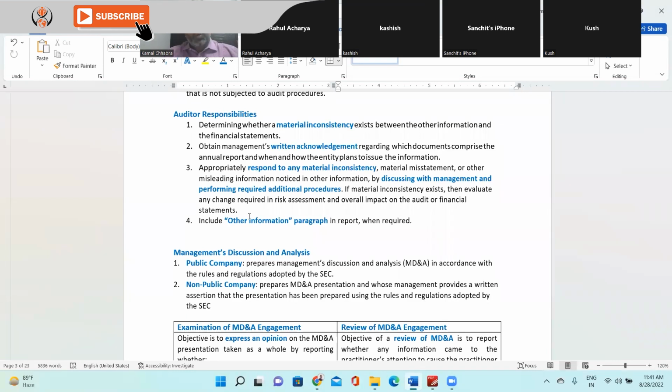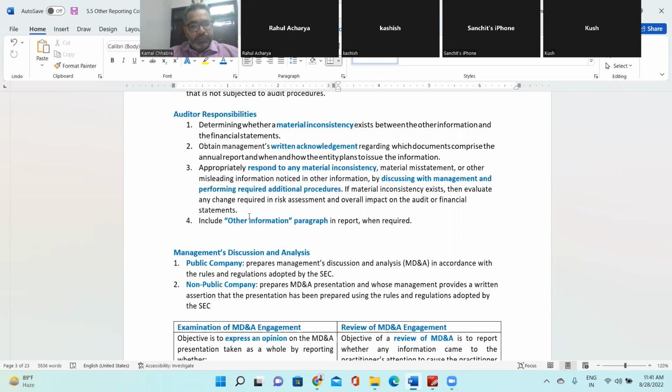So what will you do to achieve those responsibilities? First, you will discuss with the management. Second, if needed, perform additional audit procedures. Third, if material inconsistencies still exist, then evaluate whether any change in the overall risk assessment is required, or the overall impact on the audit of the financial statements on account of those inconsistencies.